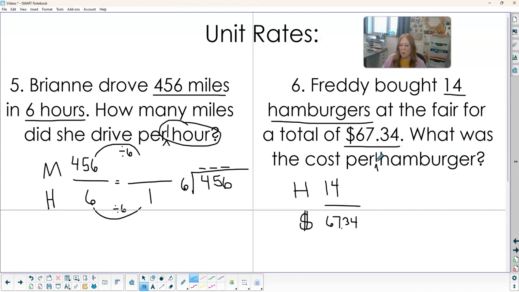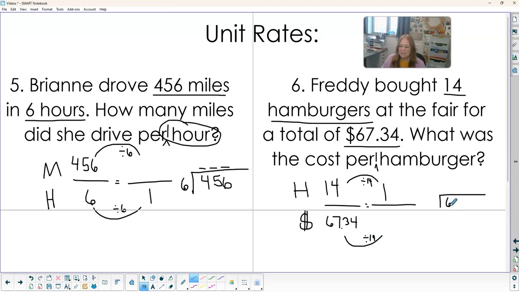So per 1 hamburger, we're trying to find that 1 hamburger. So I can see here's 1. Hamburgers is on the top this time. So how do I get from 14 to 1? I divide by 14. And here we divide by 14.